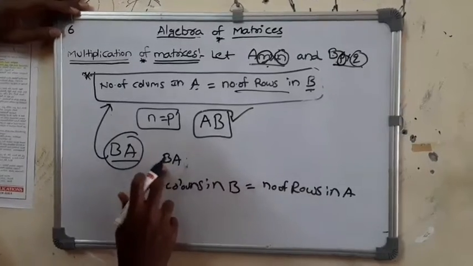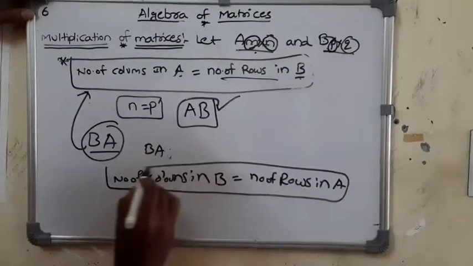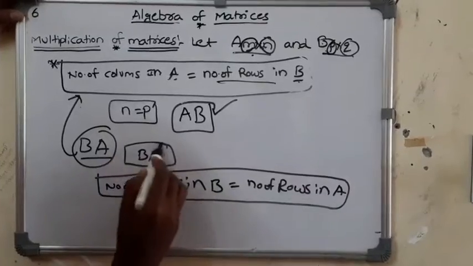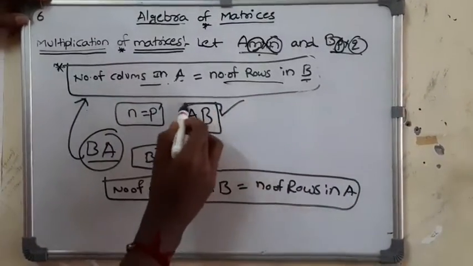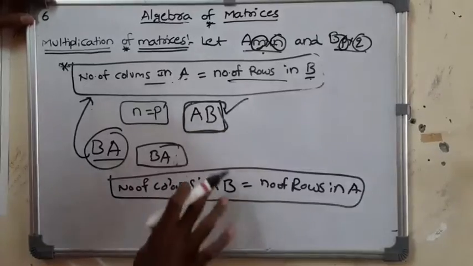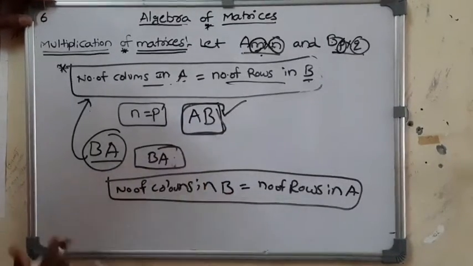Because we have to obtain BA. If the number of columns in B is equal to the number of rows in A, then we can get the value of BA. If the number of columns in A is equal to the number of rows in B, then we get the value of AB. These are the two conditions we have to remember.